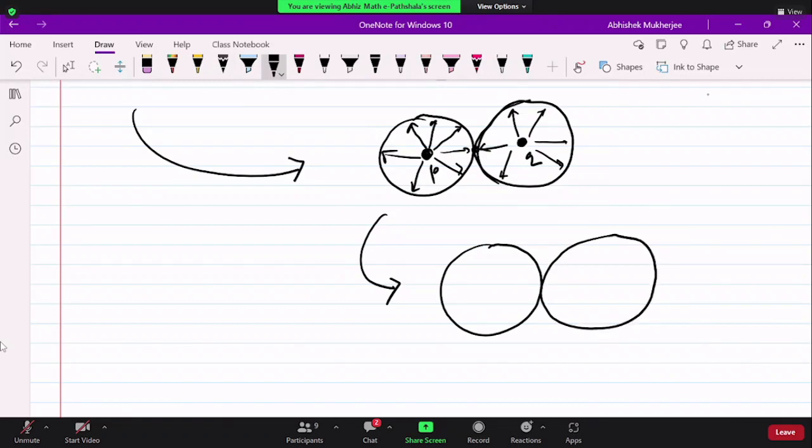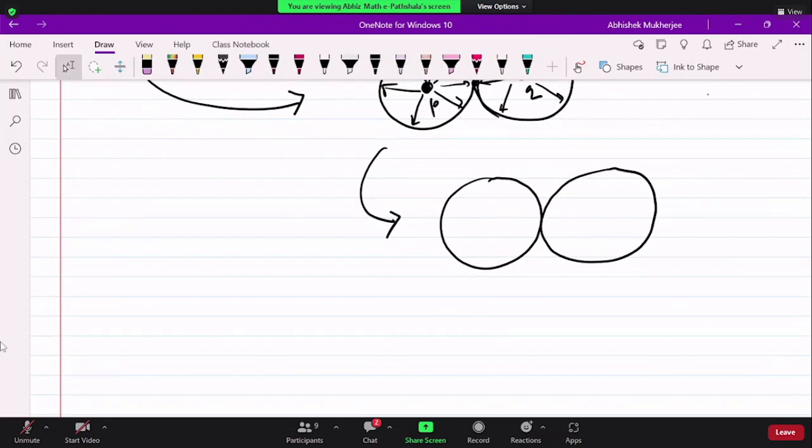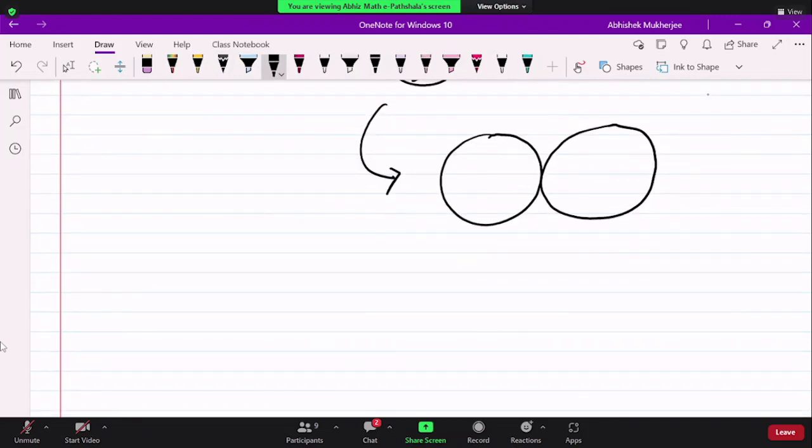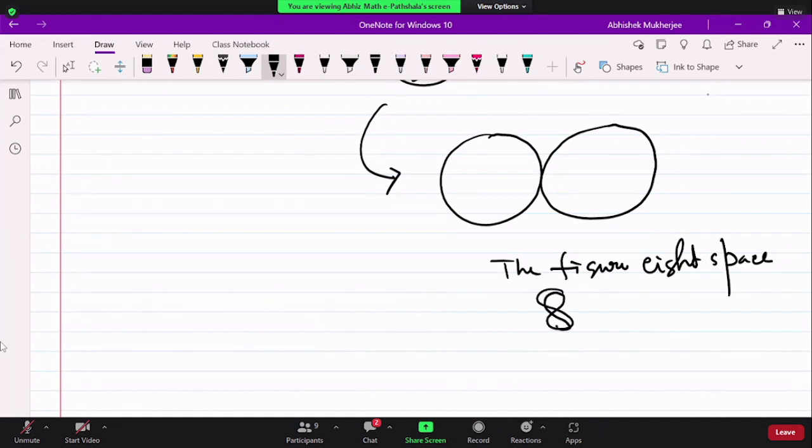So this space is called the figure 8 space, and let us denote it by this one. And this space is equipped with the topology induced from the usual topology in C2 cross C2, right?